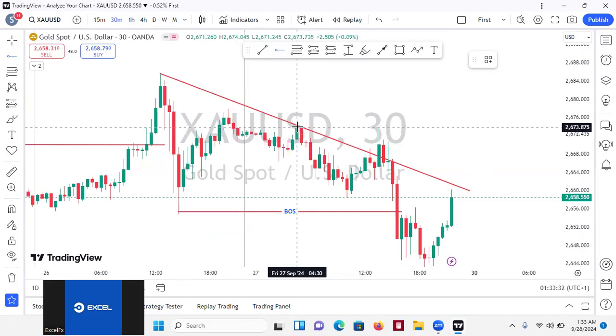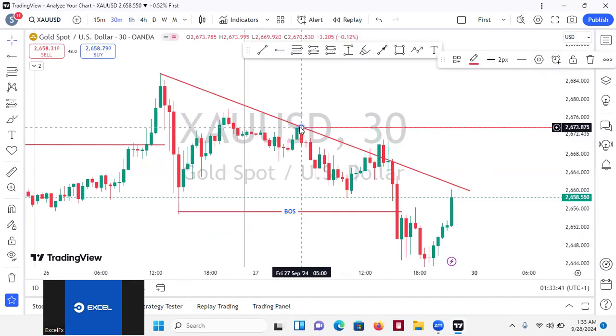This is the second touch of the trend line. So I'm going to put the horizontal ray here to highlight this place, such that when the market comes here, it should alert me that price has come to the previous high.